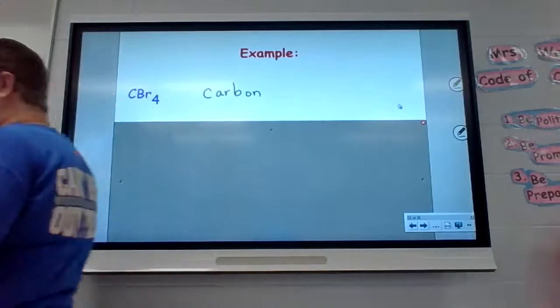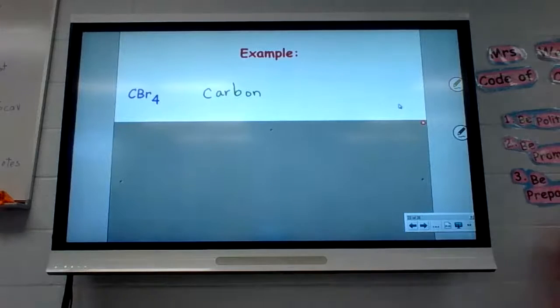Now, I like to use this one because, believe it or not, 4 is the most missed prefix every year, every class. I have no idea why, but without fail, it happens every year. People say it's 3. People say it's 5.